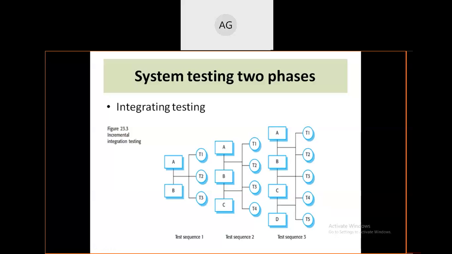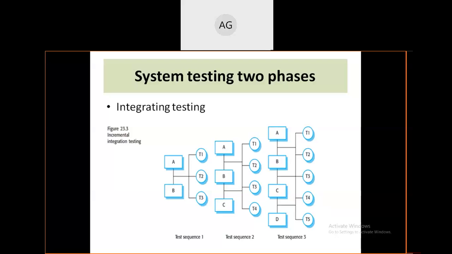Normally in the first diagram we are using the two components A, B, but in the next diagram we are using the three components A, B, C. So we integrate the three components A, B, C, and with T1, T2, T3 respectively we use one more, T4.